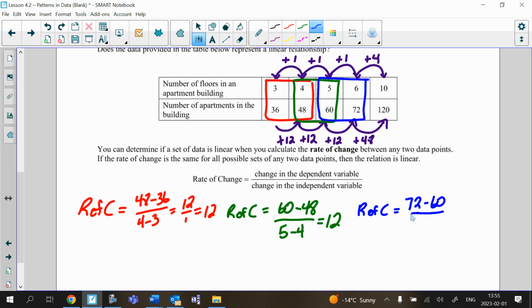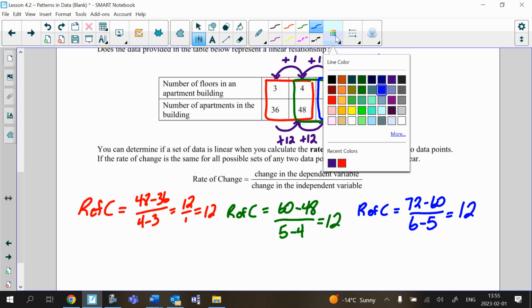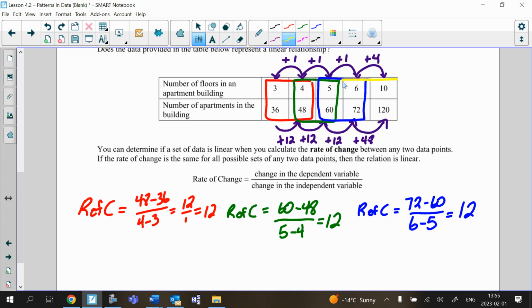So which color should I use? Yellow? Would you be able to see that? Yeah. So we do that one. Second dependent, 120 minus first dependent, 72, over 10 minus 6 gives me 48 over 4, which is 12.